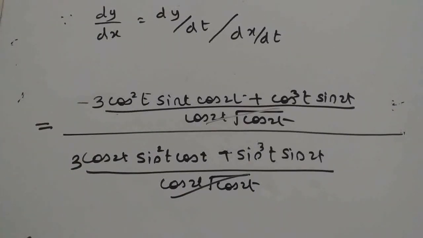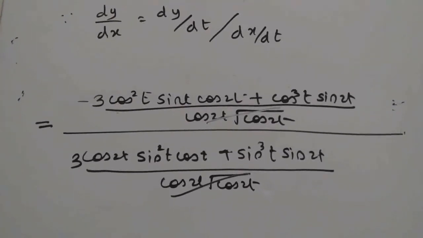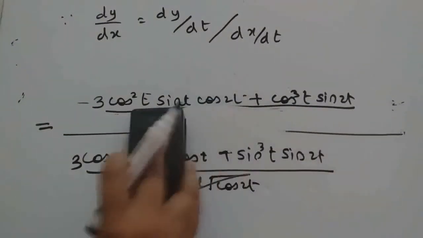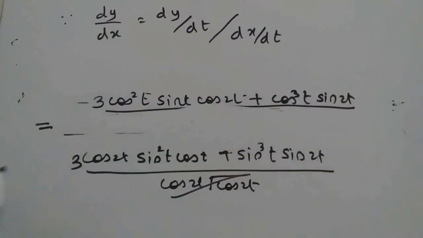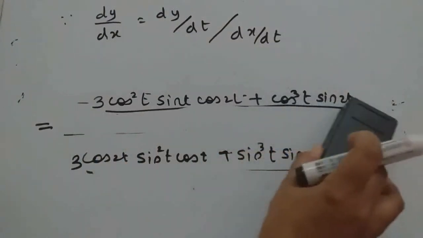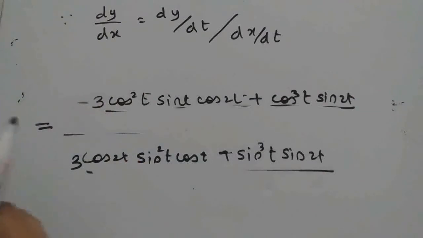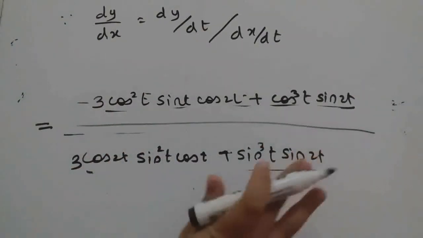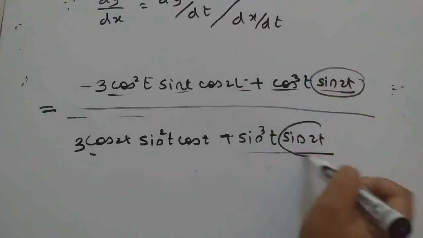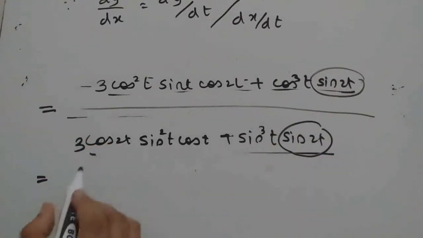So after cancelling the denominator from both numerator and denominator, you will be left with this expression. Now sine 2t we can change into 2 sine t cos t.